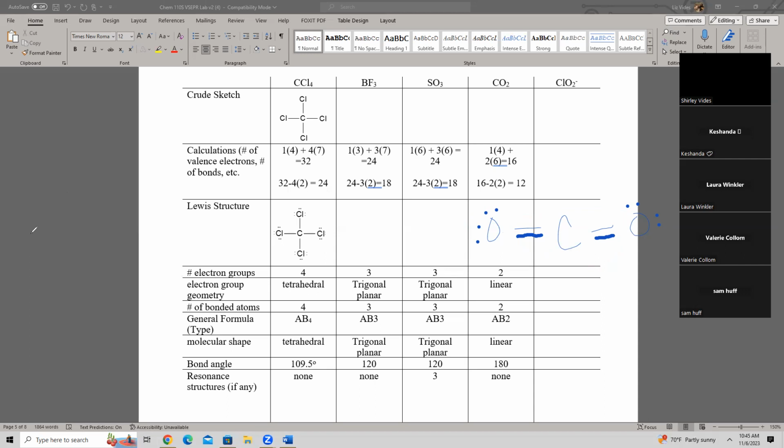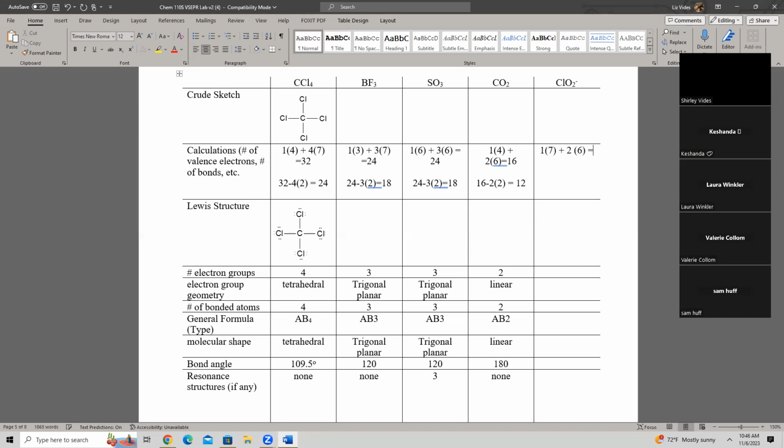All right, last one. This one you're gonna like because it's totally different. So far we've had nothing but the same, right? But this one's a little different. Okay, so we're gonna say we have 1 atom of chlorine, which is in group 7, plus we have 2 atoms of oxygen, which are in group 6.